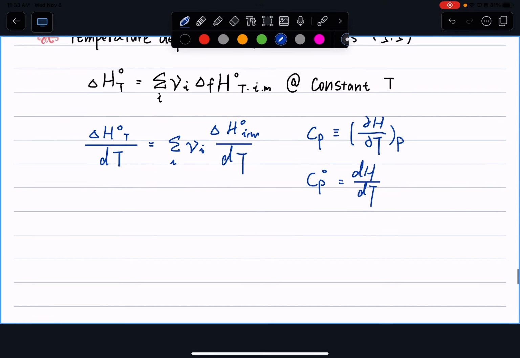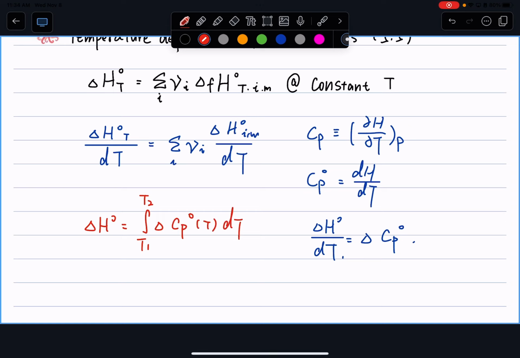Or the other way to say this is d delta H naught over dT equals to delta Cp naught. All right, so we're talking about a relationship between your enthalpy and your heat capacity, and it's connected by the change of temperature. Or it's more straightforward to just remember it. It's like delta H naught. You can do it by taking the integral between T1 and T2 of your delta Cp naught as a function of T over dT.